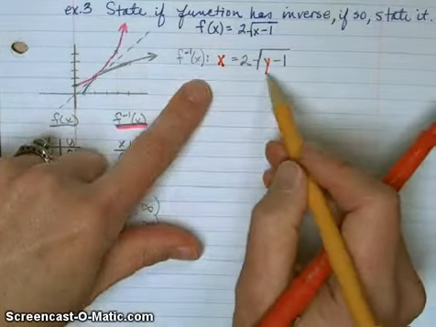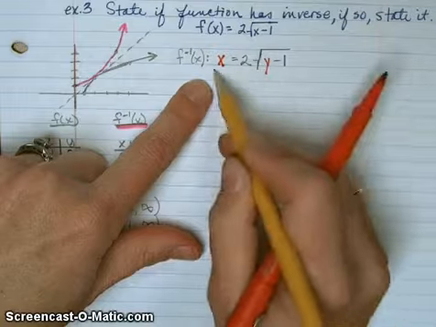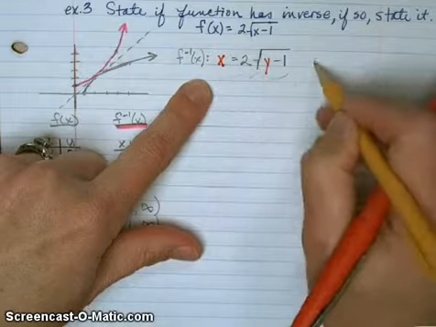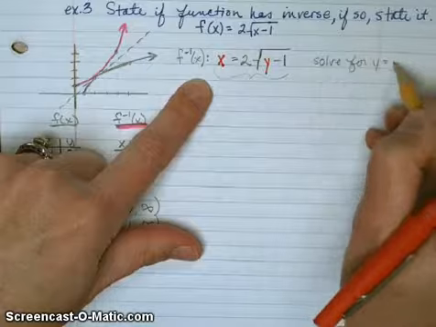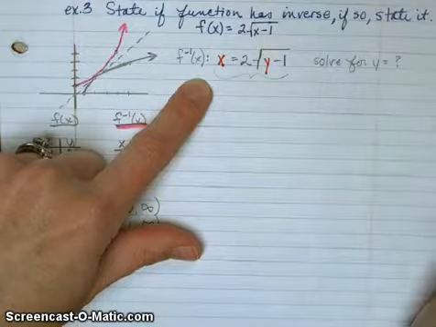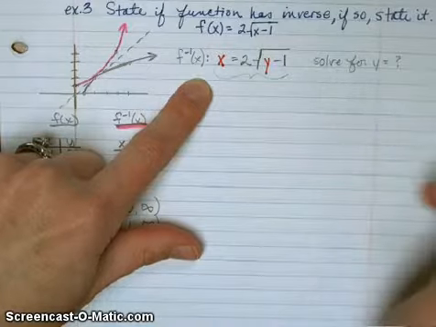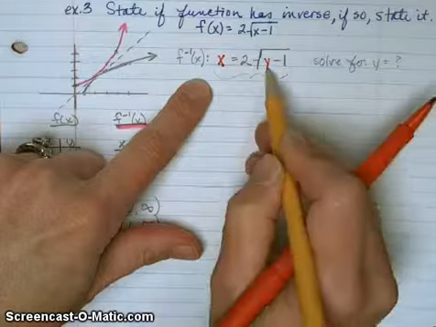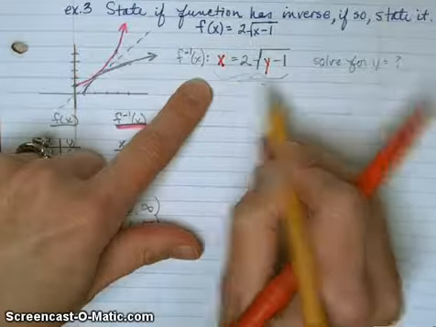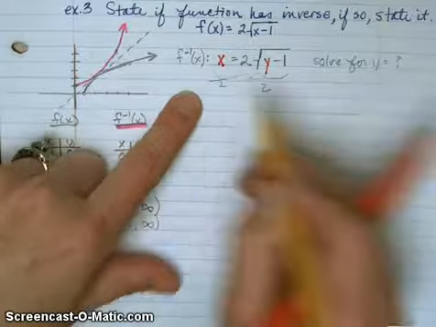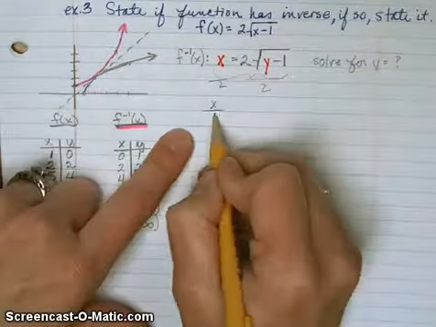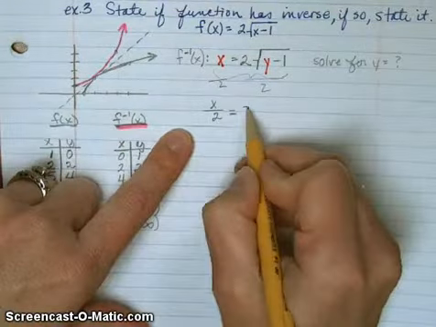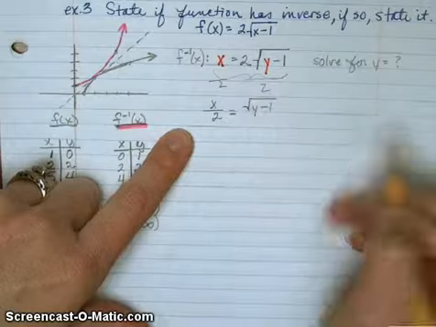Now you need to rearrange this. You need to solve this for y equals something. So I'm going to get y by itself. I'm going to divide everything by 2, first of all. So I have x divided by 2 equals the square root of y minus 1.